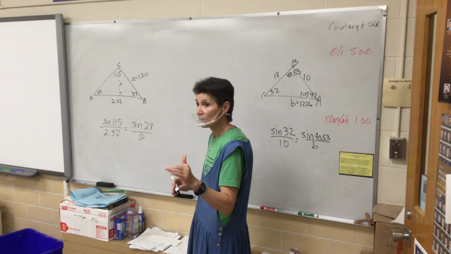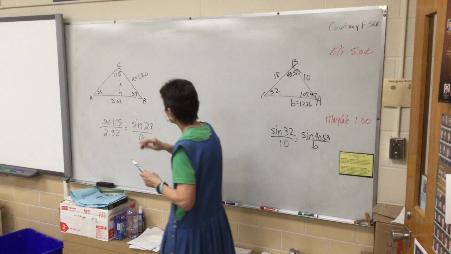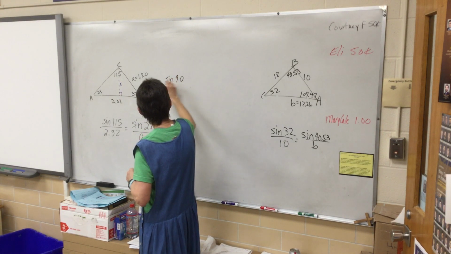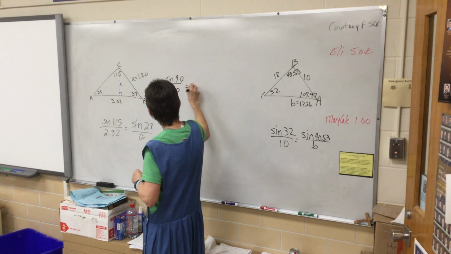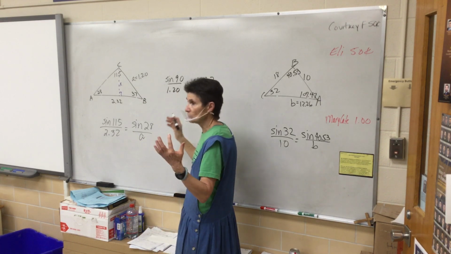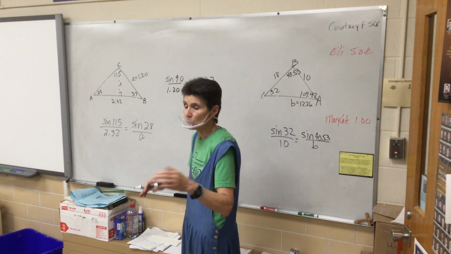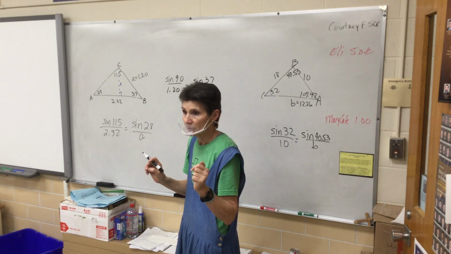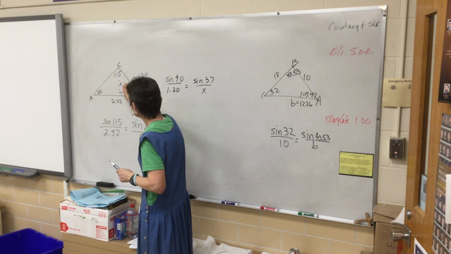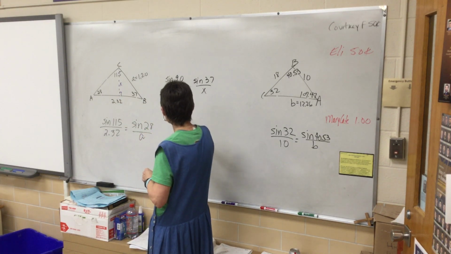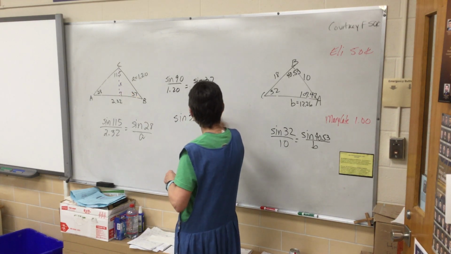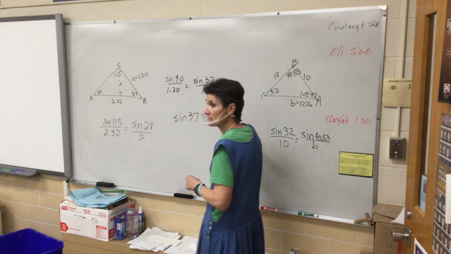Now here's the cool thing about the law of sines. We could say sine 90 over 1.20 equals sine 37 over x. We absolutely could do that. The law of sines works in every triangle. But because that's a right triangle, you could also just say sine 37 equals opposite over hypotenuse.